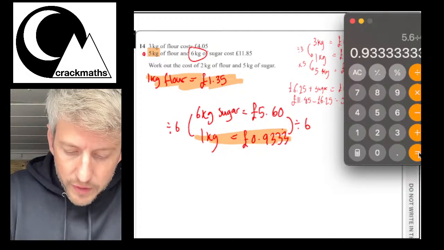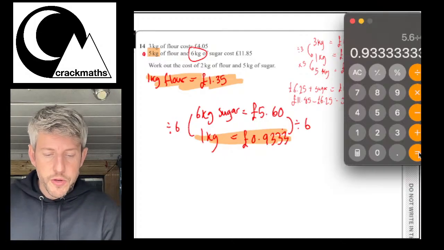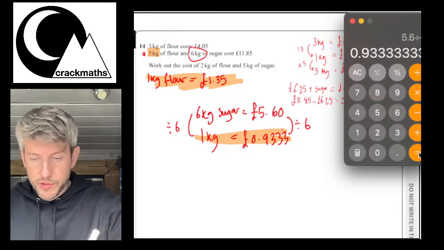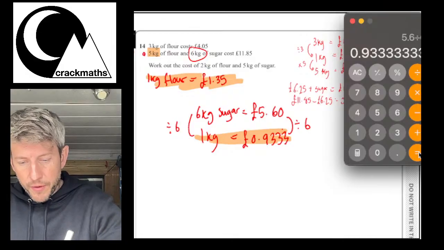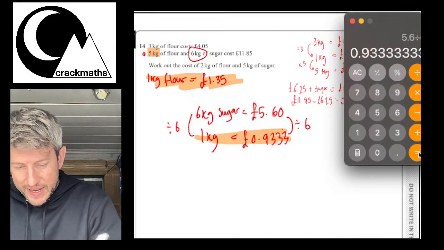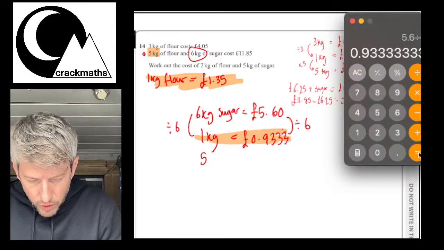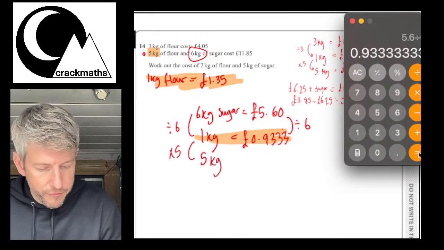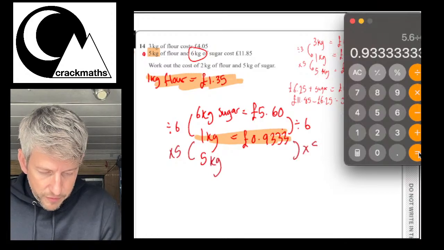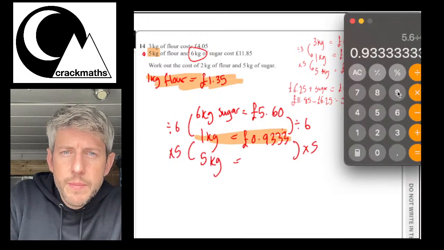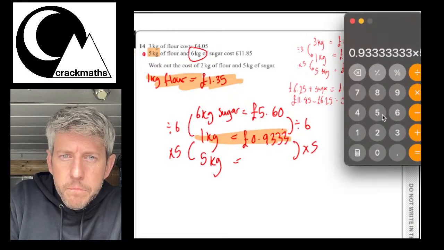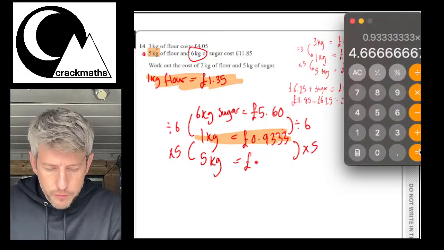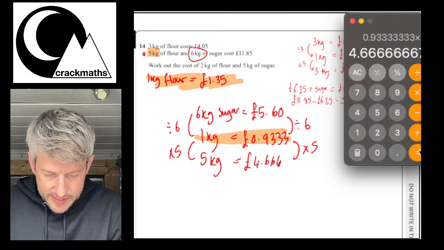What we want in our final costing is 2 kilograms of flour and 5 kilograms of sugar. So let me first do my 5 kilograms of sugar because I've got this written down. If 1 kg is this, 5 kg will be this multiplied by 5. Let me times this by 5, and that equals 4.66666.